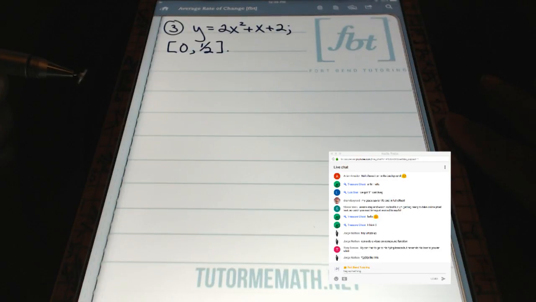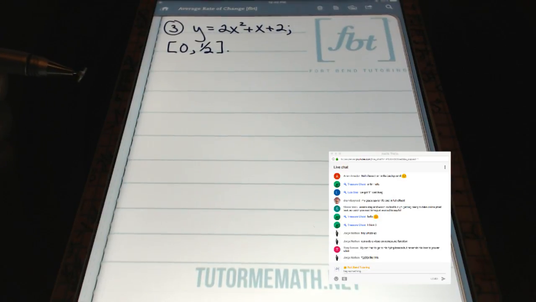It's called composition of functions, and you can look under the functions playlist to find it quickly, or you can just do a search on the Fort Ben Tutoring YouTube channel. So to find problems like that, you're looking at the composition of functions, and that video already exists. So check it out. Thanks for your inquiry, sir.